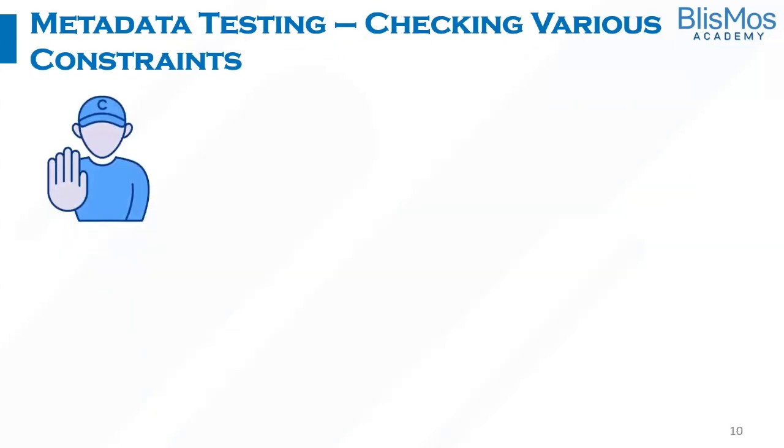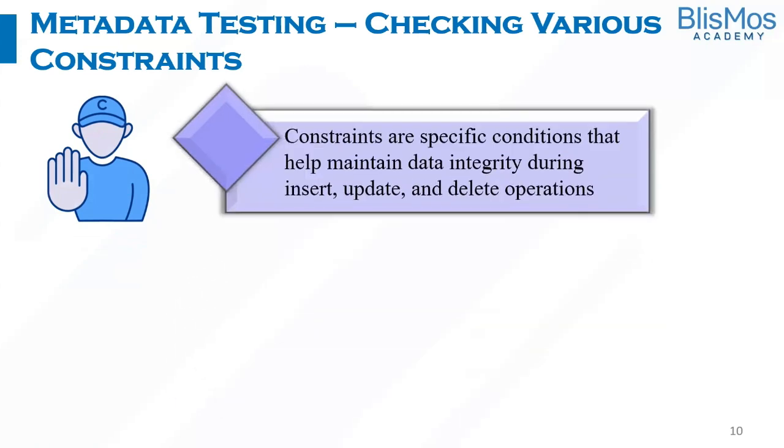Apart from the type check and the length check, we also need to validate the constraints which are mentioned as a part of the mapping document. We have covered what the constraints are in the earlier videos. If you want to check, please check our videos on the constraints. Constraints are specific conditions that help us to maintain the data integrity while inserting the data, updating the data, and deleting the data.